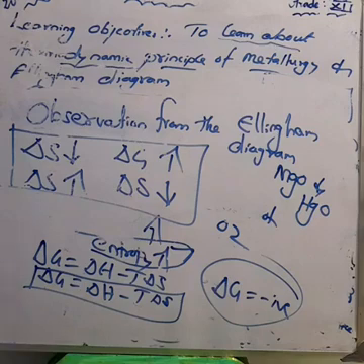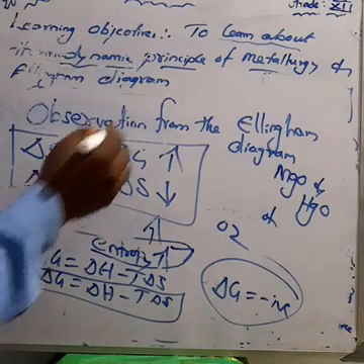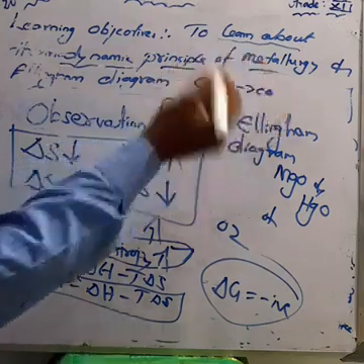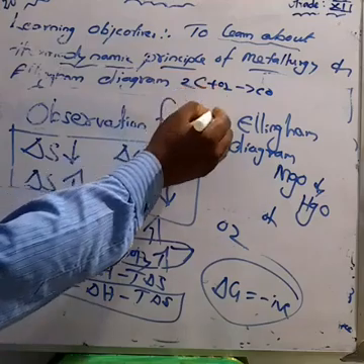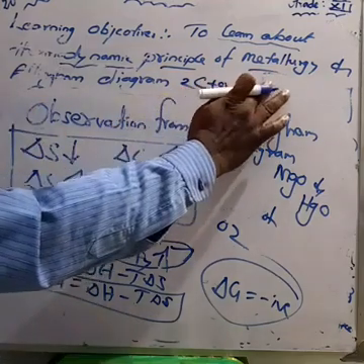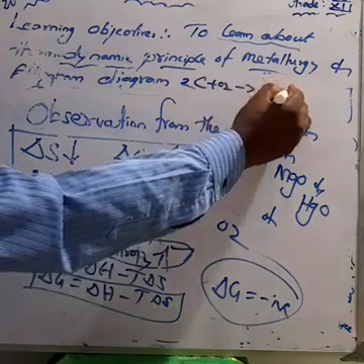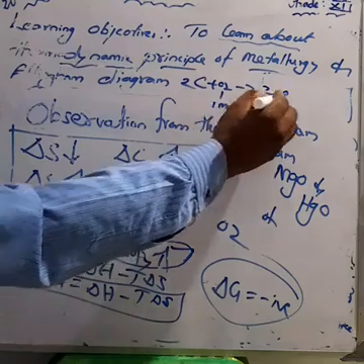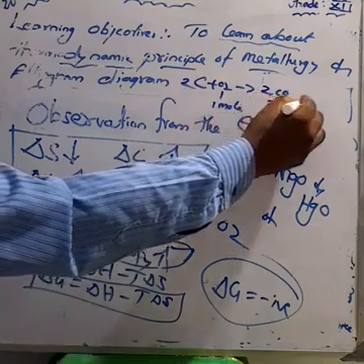What about the second process, second step? Here, for the formation of carbon monoxide, we get a negative slope. What's the reason? It is due to the number of moles of carbon monoxide gas. Am I right? Number of moles. There is 1 mole of oxygen gas and 2 moles of carbon monoxide gas.